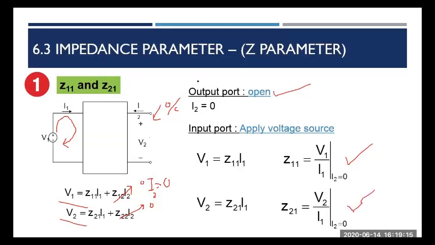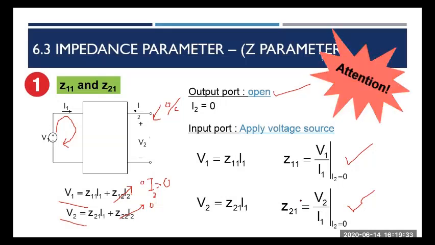This is the step. Step 1, apply the open circuit at the output port. Second, apply a voltage source at the input port, and then we solve for Z11 and Z21.